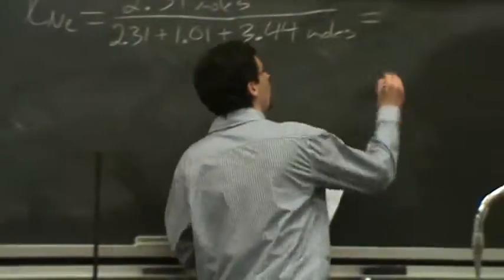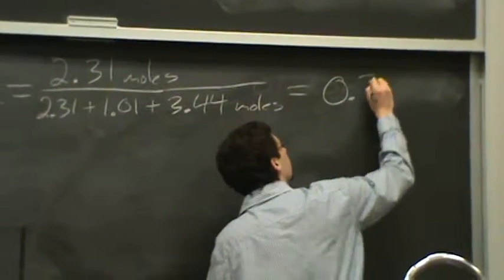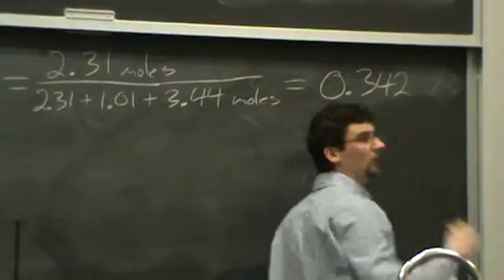When you calculate that all the way through, I get 0.342. What are the units on that? Nothing. You have moles up top and you have moles on the bottom. There are no units in terms of a mole fraction.